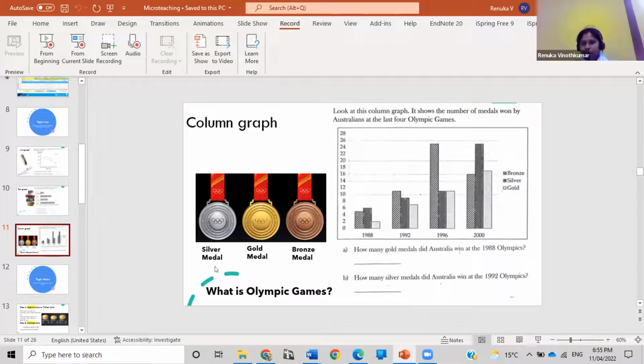And do you understand what these 3 medals are? Why do we get the gold medal? Any idea? If we perform very well. Yes, that's right. So that's the first place, isn't it? What about the silver medal? They got the second place. Yeah, and obviously the bronze medal goes to the third place, isn't it?